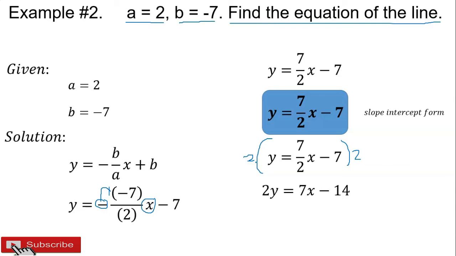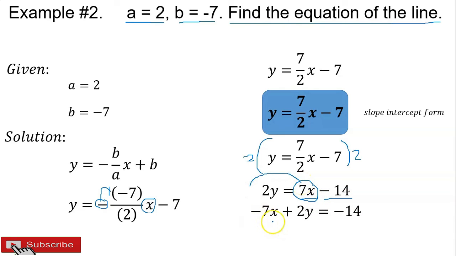Okay, so we have 2 times y is equal to 2y. And then 2 times 7 over 2x, that is simply 7x. And then 2 times negative 7, that is equal to negative 14. Ayan, now, ang gagawin natin is arrange natin yan into standard form, or simply transpose positive 7x here to left side.